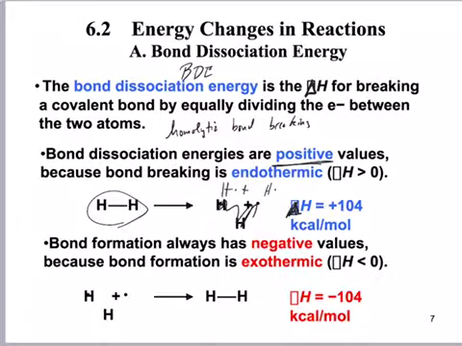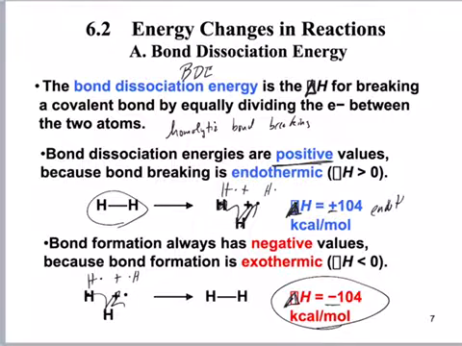If I make hydrogen from H dot and H dot, that is going to give me back 104 kilocalories per mole. Remember, negatives versus positive. Endothermic, exothermic.